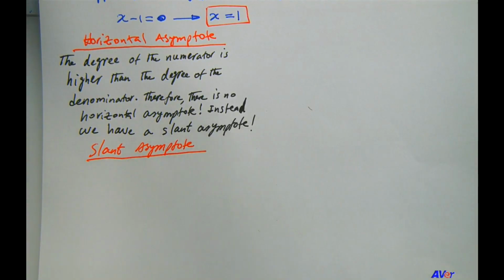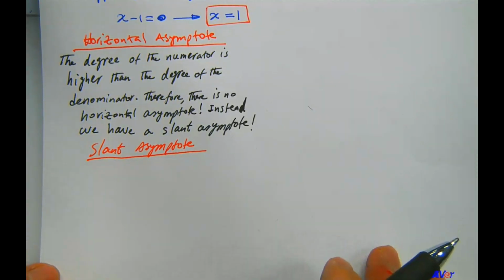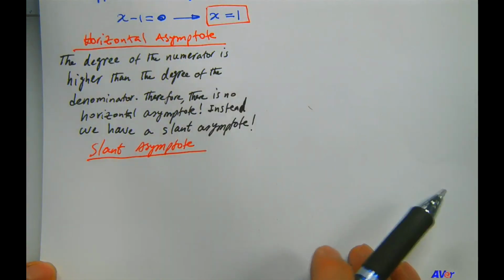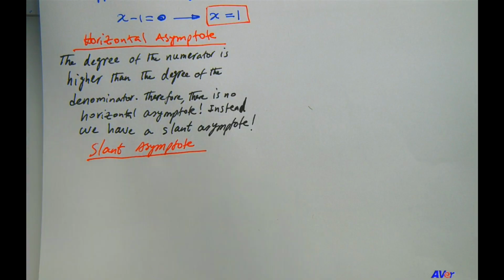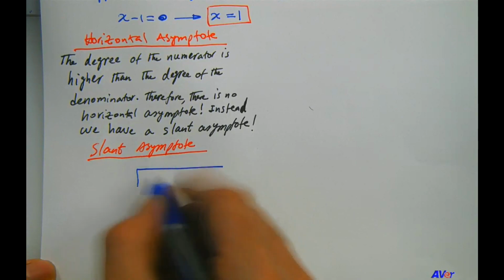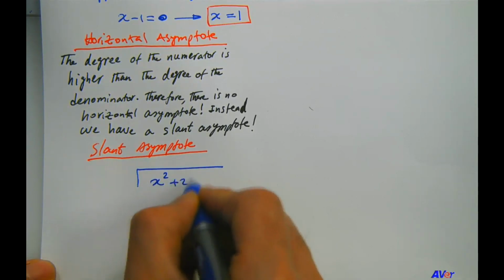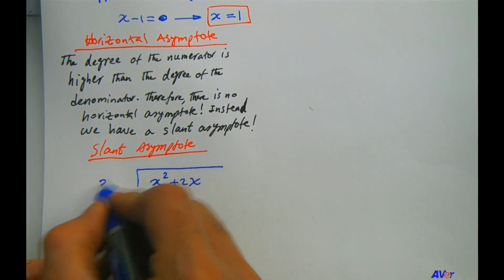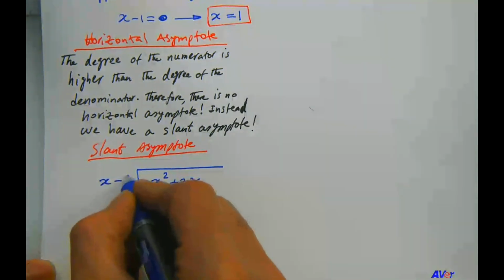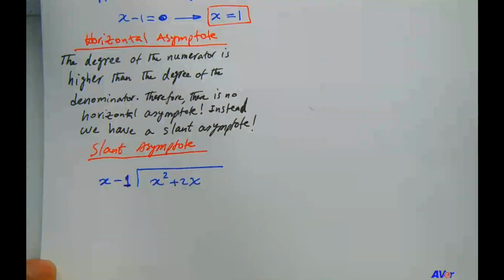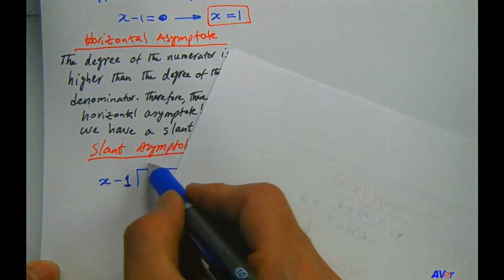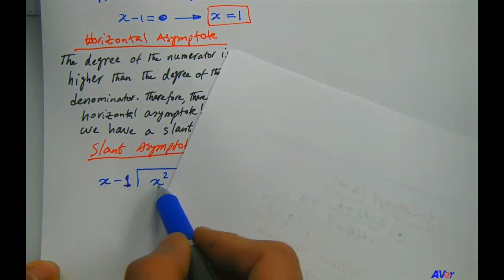For that, we're going to use long division. In this case, we can use synthetic division too. So for the slant asymptote, x squared plus 2x divided by x minus 1, right? If I cover that, what should I put up here to multiply by x to get x squared?